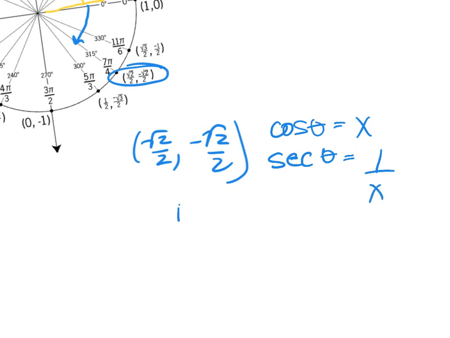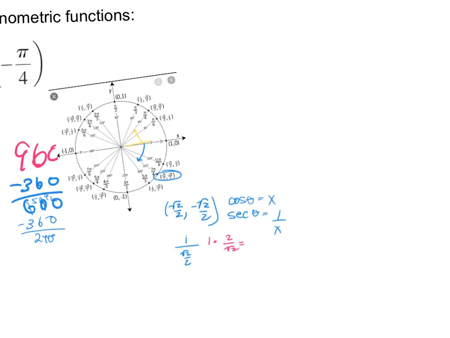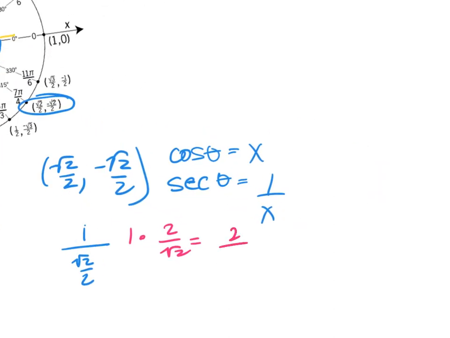So I'm going to say 1 over root 2 over 2. Keep, change, flip. 1 times 2 over root 2. I get 2 over root 2. Can I have that? No. I have to rationalize, right? So I get 2 root 2 over 2. What happens? The 2's cancel. I'm left with just root 2.